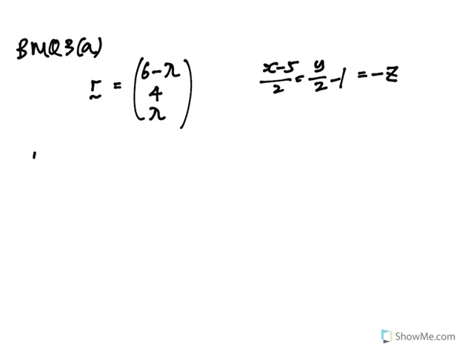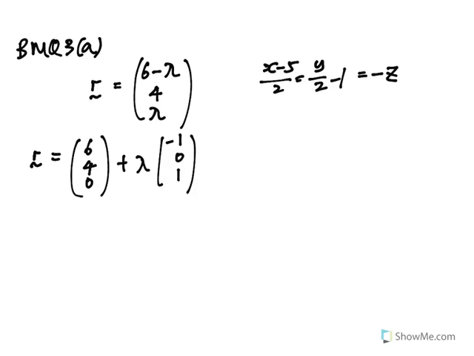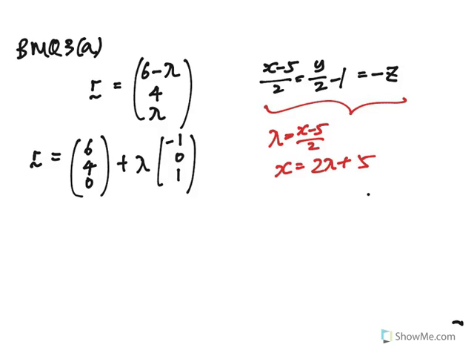For my first equation, I'm going to write it as (6, 4, 0) plus lambda (negative 1, 0, 1). This is the vector equation for the first line. For the second line, we can rearrange: lambda equals x minus 5 over 2, so x equals 2 lambda plus 5.